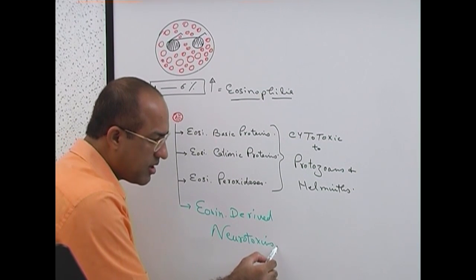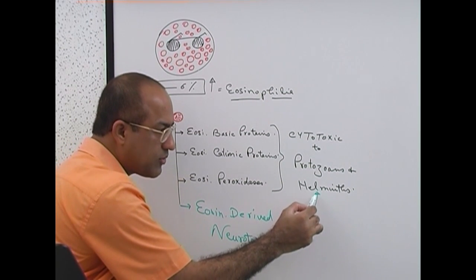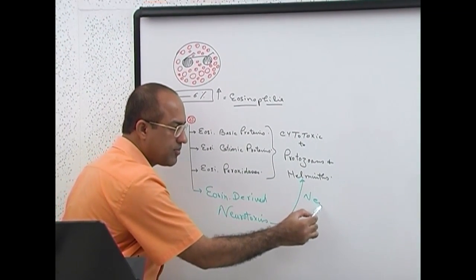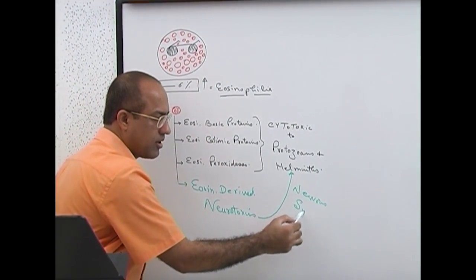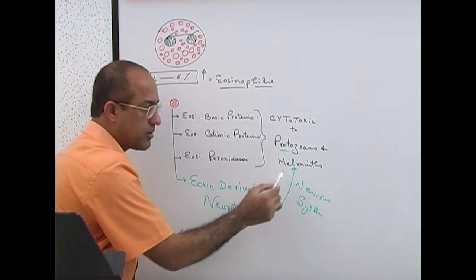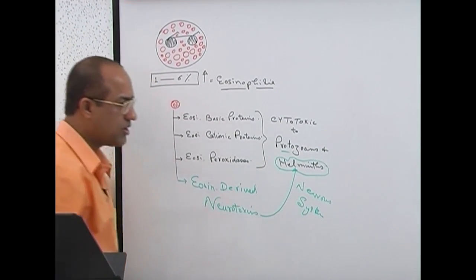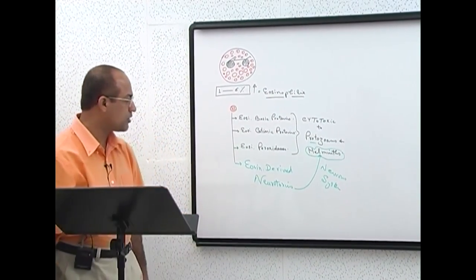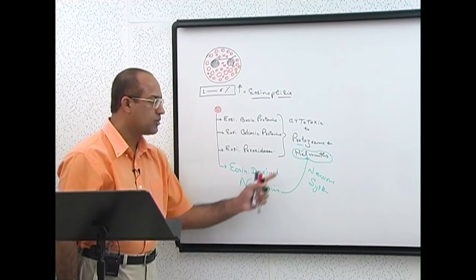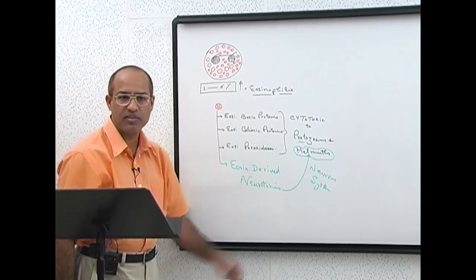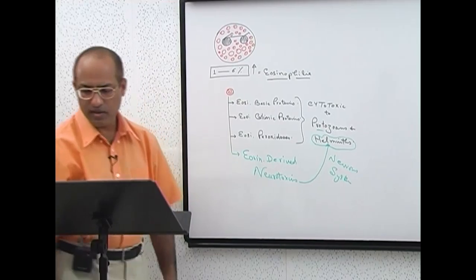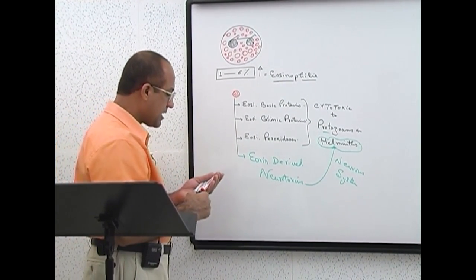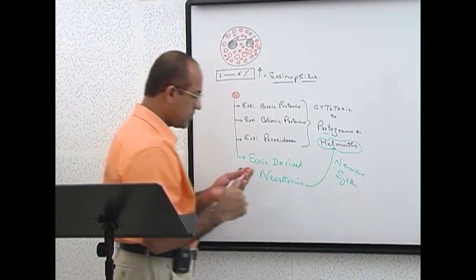This substance can produce a dysfunction in the helminth's nervous system, but not protozoan, because helminths are multicellular parasites, they have a nervous system, right? And eosinophils produce special neurotoxins which paralyze or produce dysfunction in the helminth's nervous system, right?